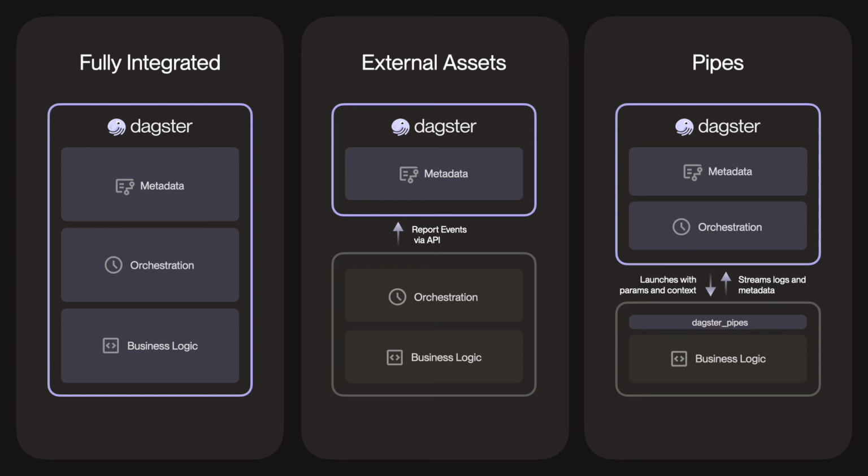You can pass parameters to this seamlessly. You can get streaming logs and metadata back to the orchestrator, and it really feels like a first-class experience, but you also get that separation of orchestration and business logic, which is often highly desirable and sometimes completely necessary.